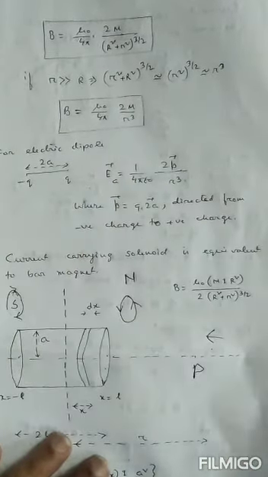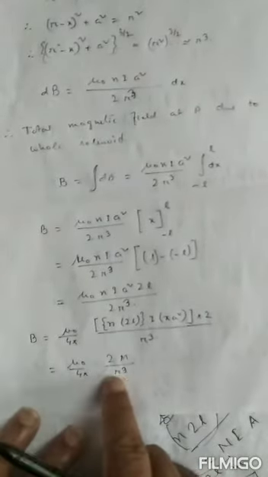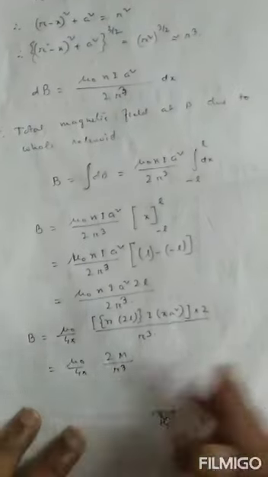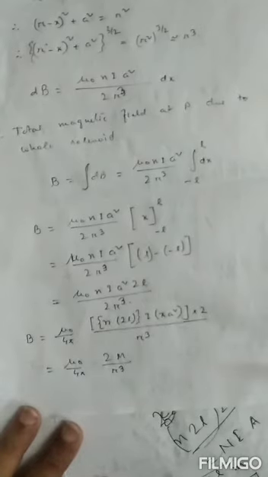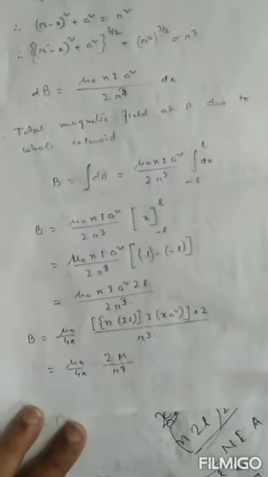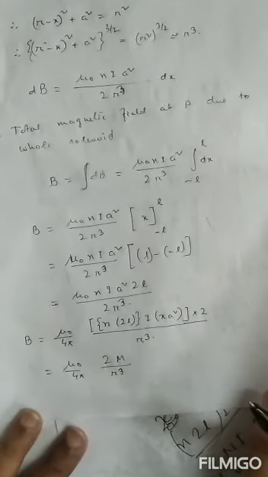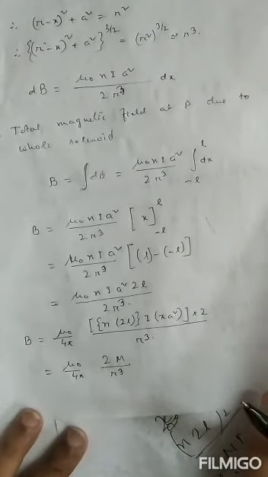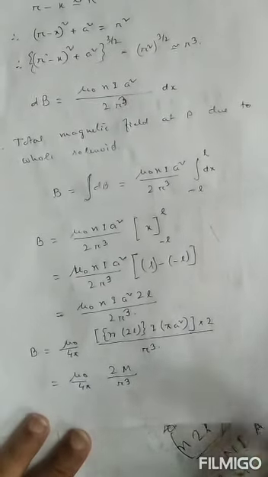It is almost identical to today's expression, mu 0 by 4 pi twice m by r cube. What is the difference between the solenoid and the circular coil? The solenoid has larger length compared to diameter, and for a circular coil the length is very very small compared to the diameter of the coil. One small difference is here.